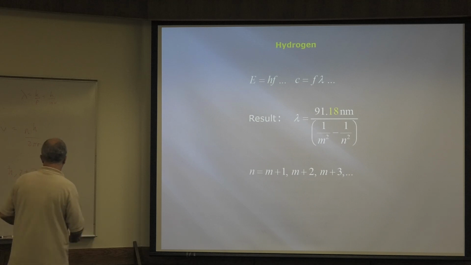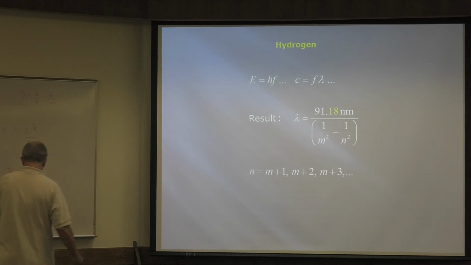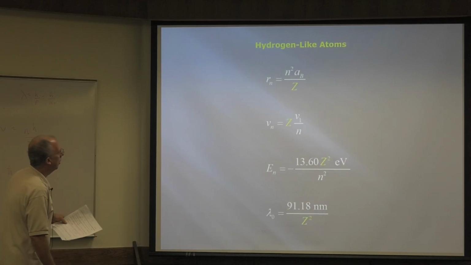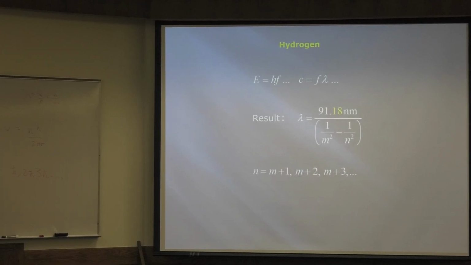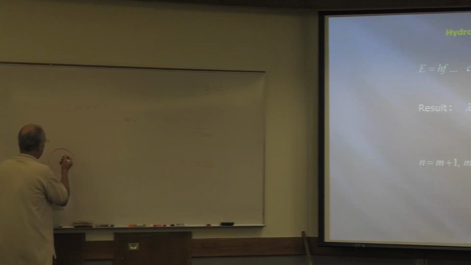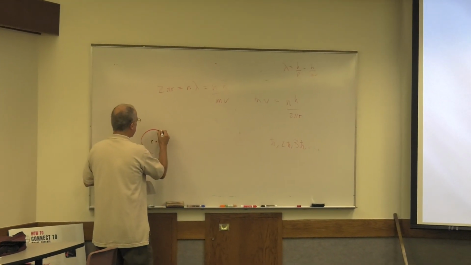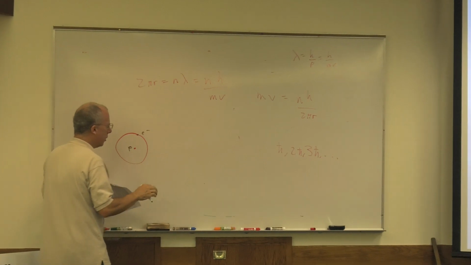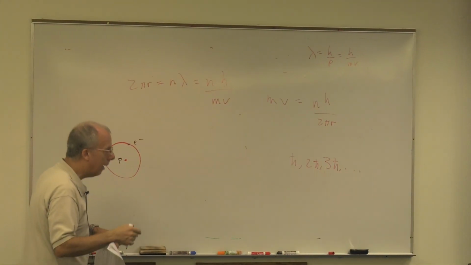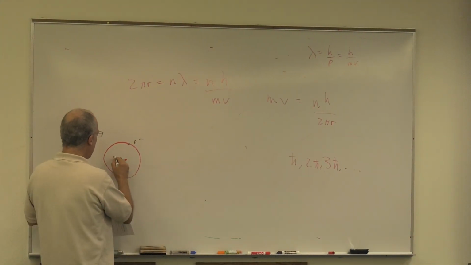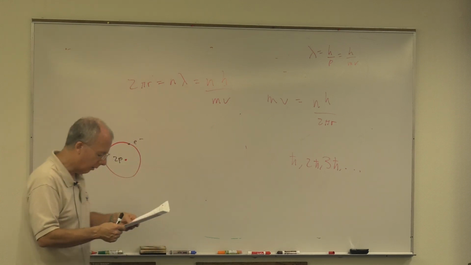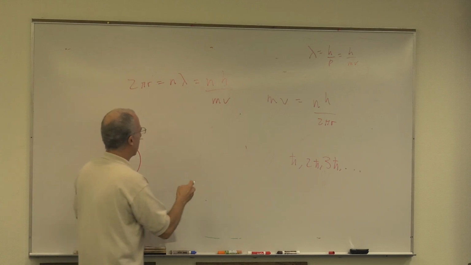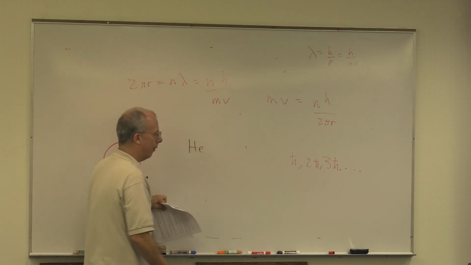Well, what does that mean? A hydrogen-like atom. Okay, so what's a hydrogen-like atom? Well, again, hydrogen has a proton and a single electron, right? And so a hydrogen-like atom might have 2 protons and 1 electron. Whatever. It just has 1 electron. So you probably had this in chemistry.